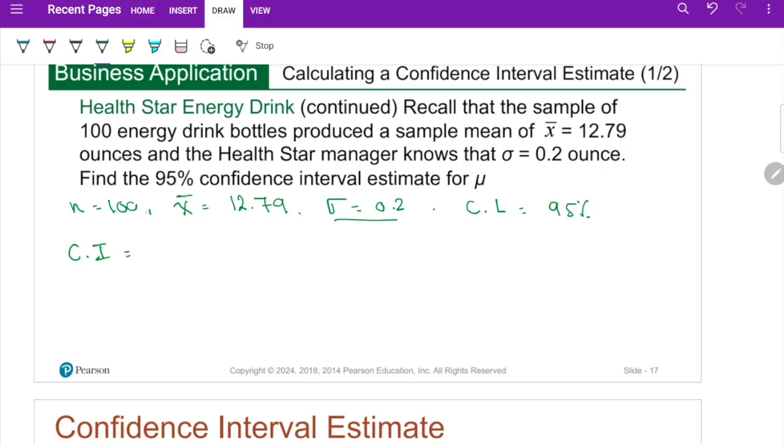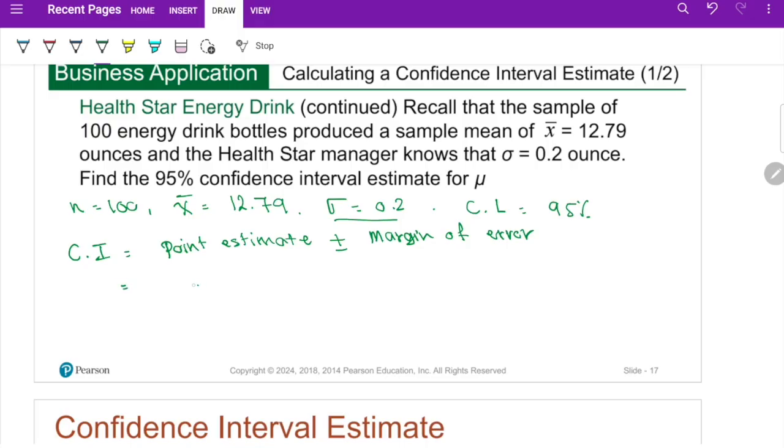The confidence interval of the population's mean is the point estimate plus or minus the margin of error. What is the point estimate?